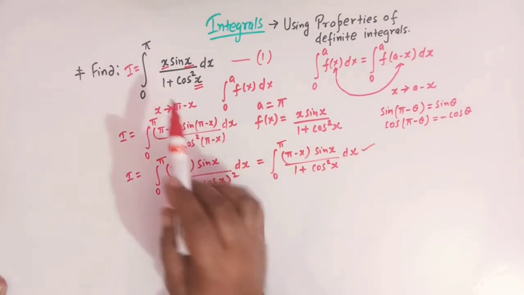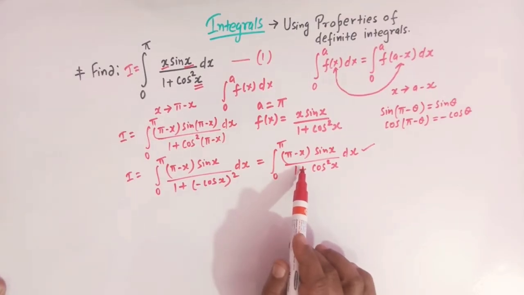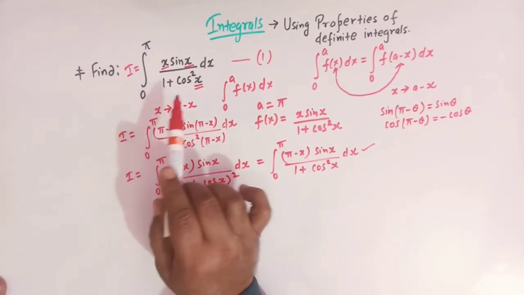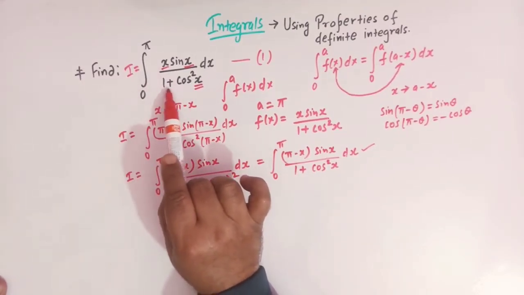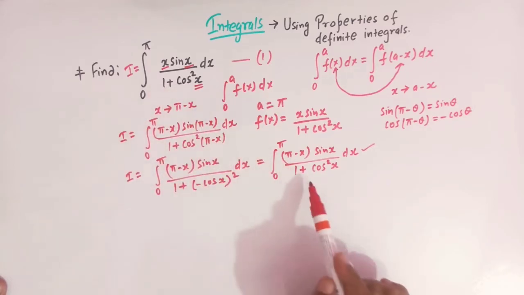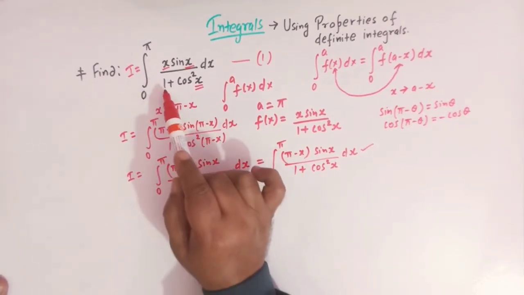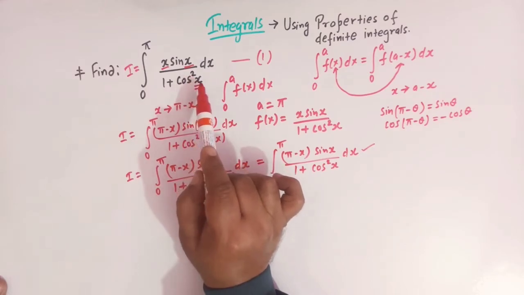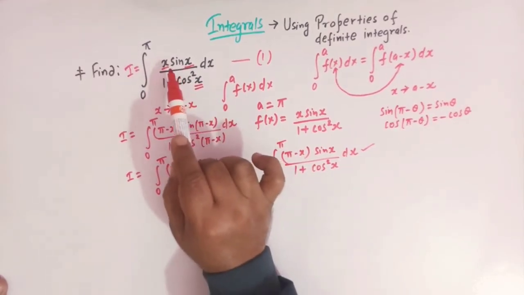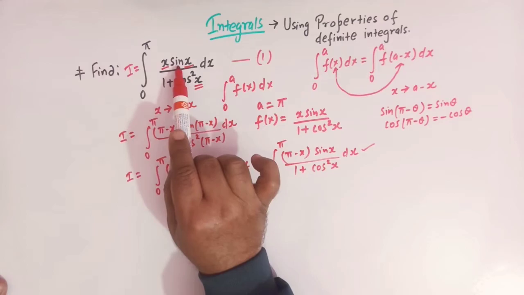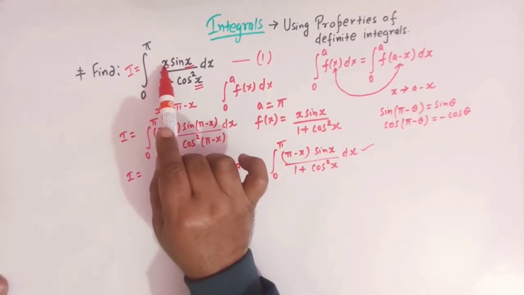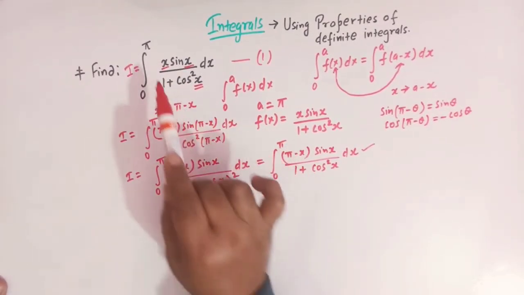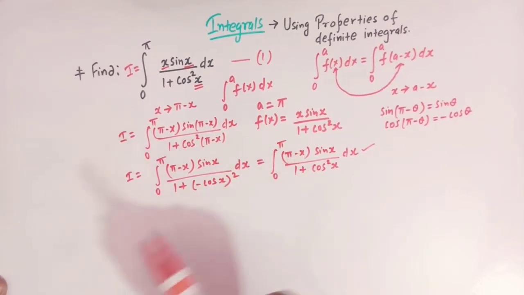If we compare this integral and the earlier integral, we can easily observe that the denominator remains the same, that is 1 plus cos square x. Here also we have 1 plus cos square x, and in the numerator we have sine x, and x is now replaced by pi minus x.